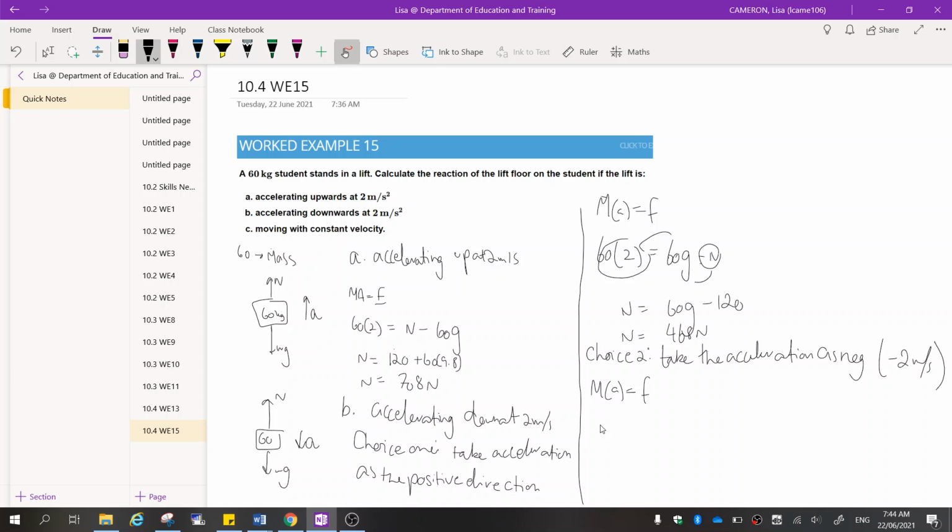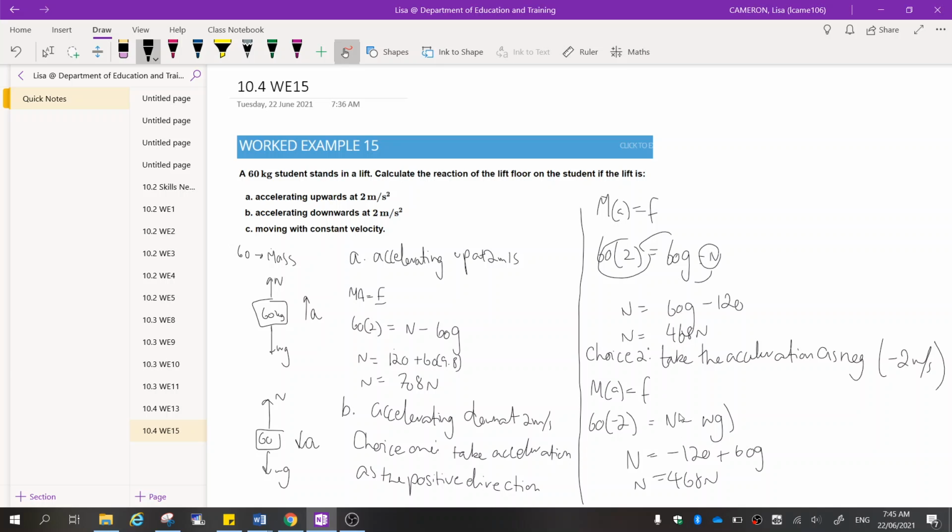So all this means now is our mass is still going to be 60. Our acceleration is negative 2. Now, we're ignoring the direction of A when we're talking about our force diagram. This one's going up, so it's going to be positive. The other one's going down, so it's negative. Now I'm going to rearrange to get N on its own, which means I'm going to have negative 120 plus 60g, which is going to give me the same thing as above, 468 newtons.